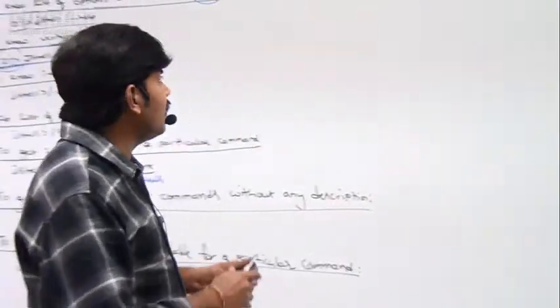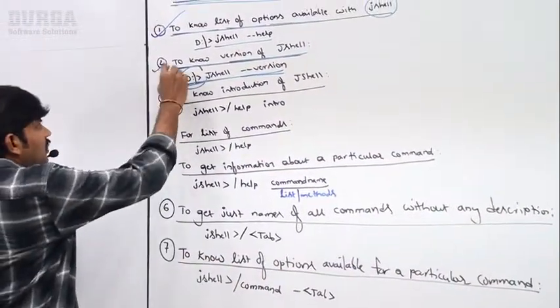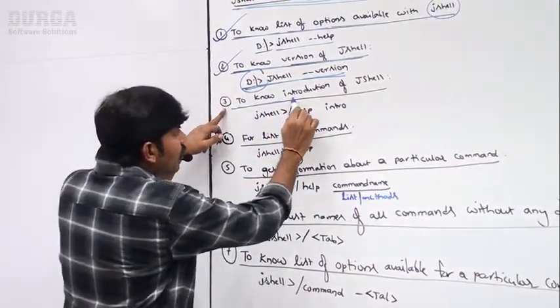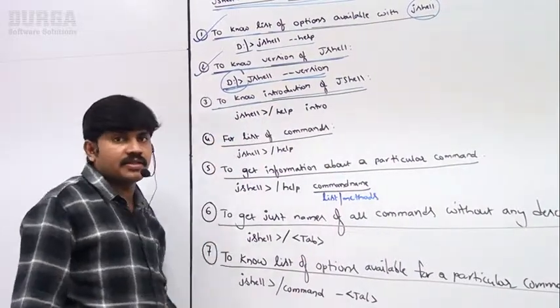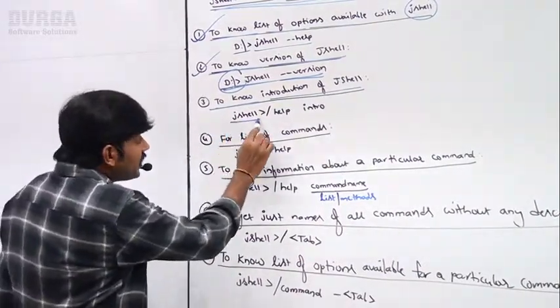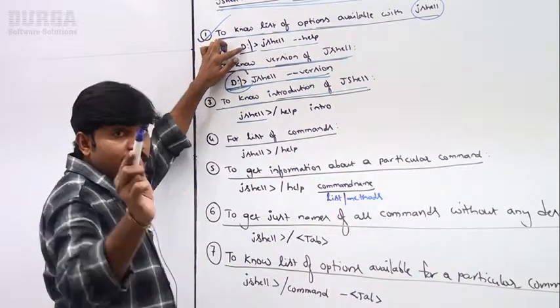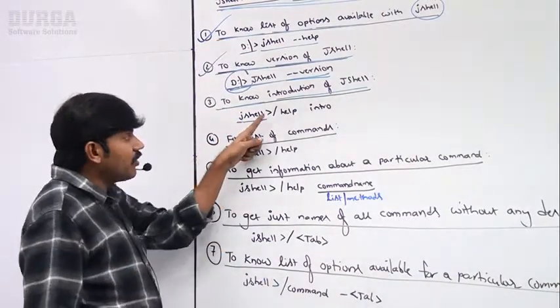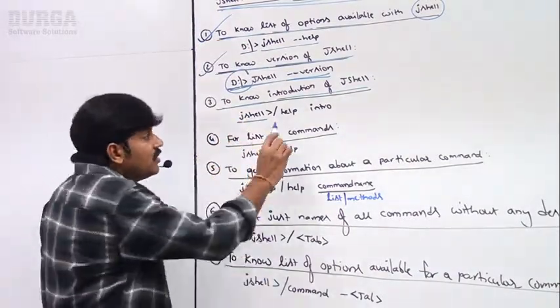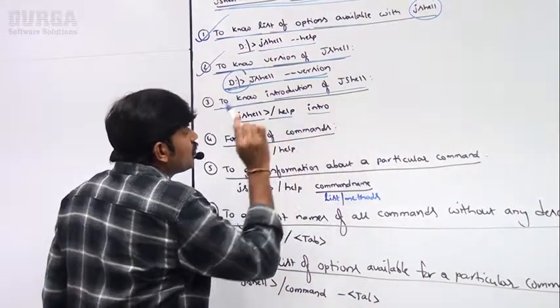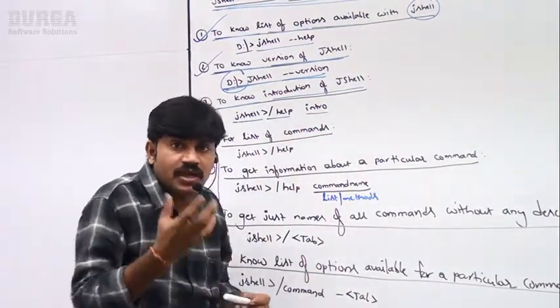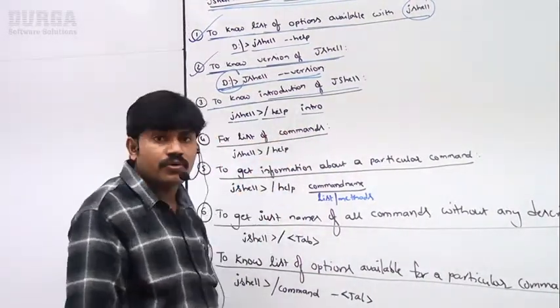Observe the third one, to know the introduction of JShell. The first two commands we executed from the command prompt, but now I have to execute from the JShell console: /help intro. Intro means introduction about JShell. By default we are going to get it.